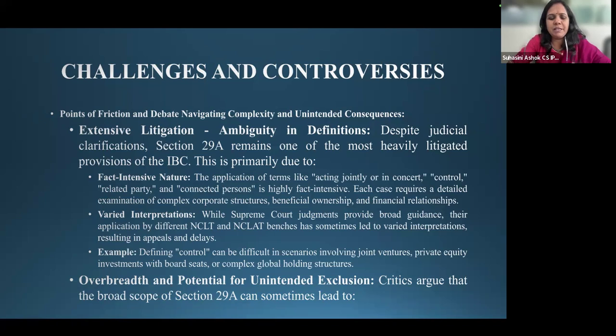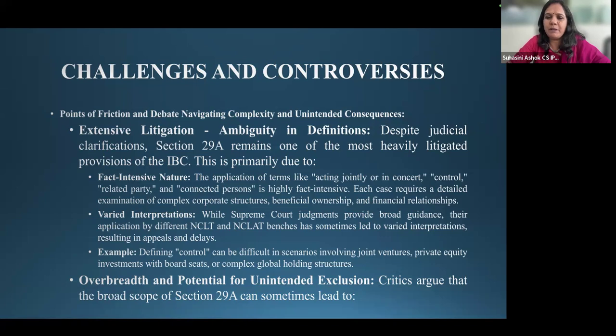See, when we see Section 29A, it is again of a fact-intensive nature. So when the RP or liquidator is verifying this, we have to go by facts, whether the persons are acting jointly or in concert, related persons. So each case is again different.